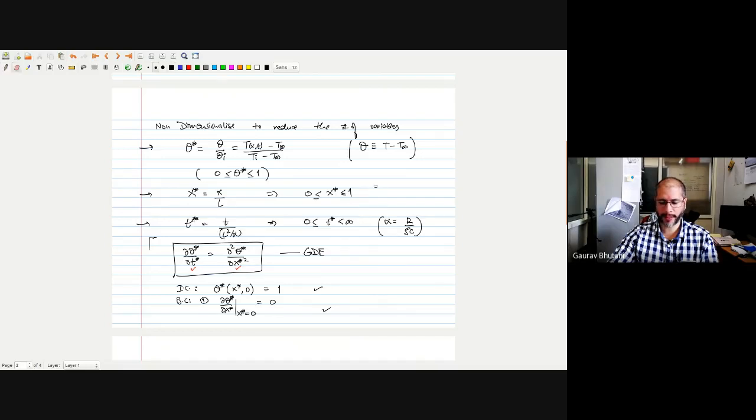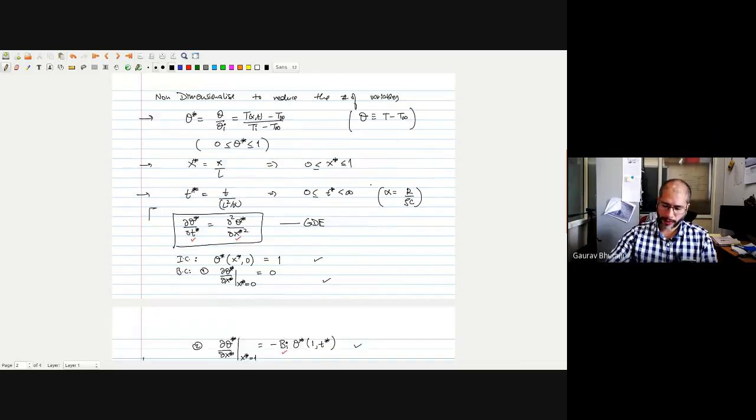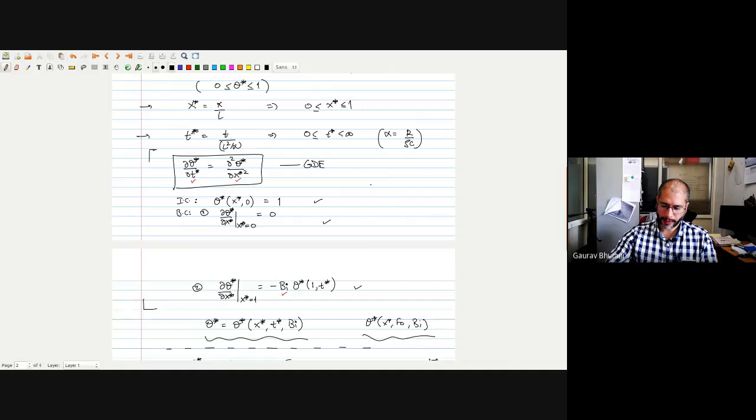So that simplifies the numerical values quite a lot. And t star, which we also talked about as the Fourier number, is between 0 and infinity. So finally, our governing differential equation and the boundary conditions became as follows.